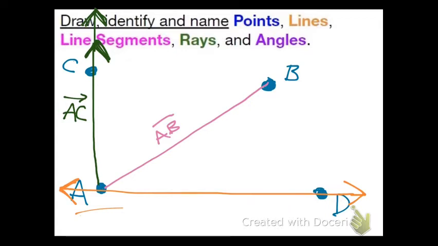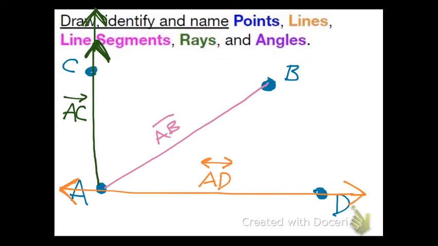And the way that you label a line is with the letters A, D, and I put on the top of it a little line with arrows in both directions, and that is the notation for a line.